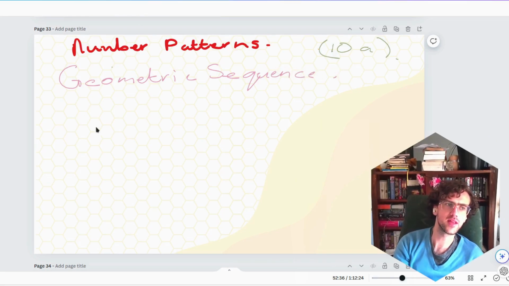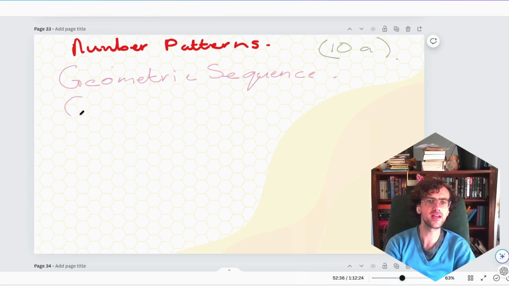A geometric sequence basically has a constant ratio.